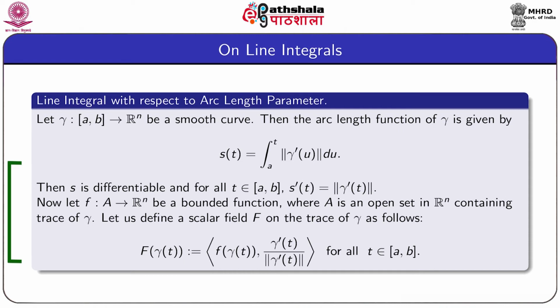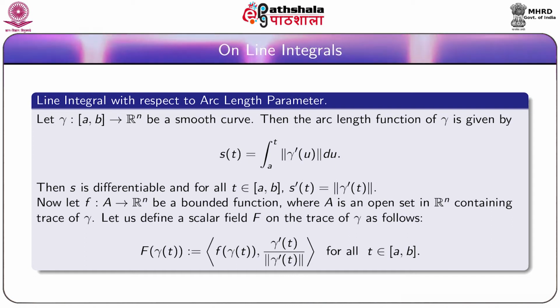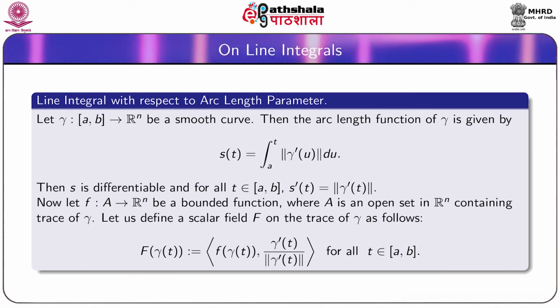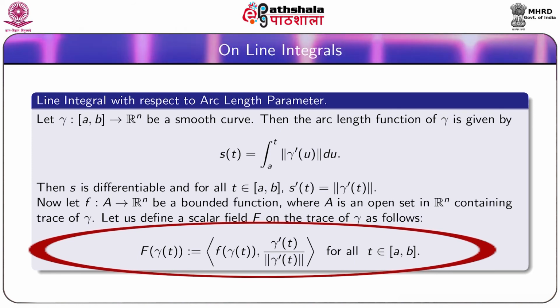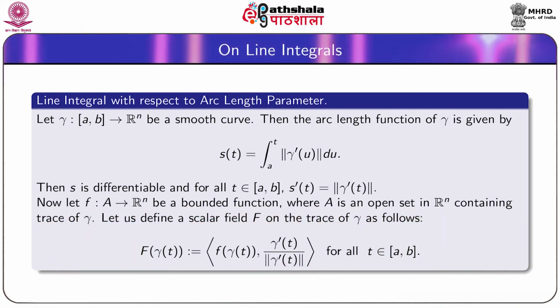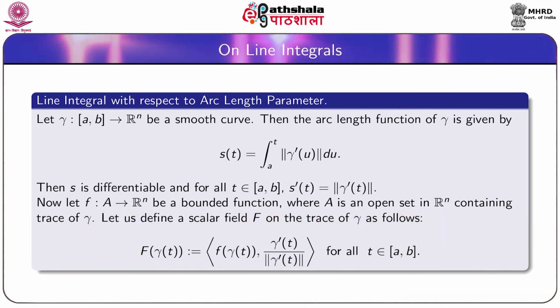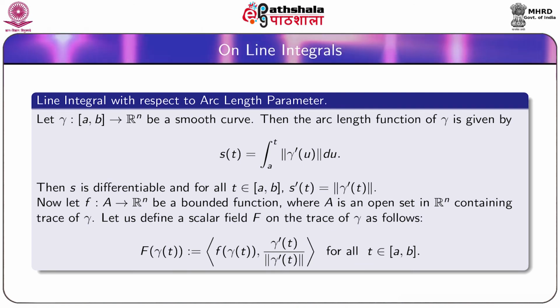Now let f be a bounded function defined over set A, where A is an open set in Rn containing the trace of gamma. We define a scalar field capital F on the trace of gamma as follows: F(gamma(t)) equal to inner product f(gamma(t)), gamma dash(t) by norm of gamma dash(t) for every t in [a,b]. That is, we take the inner product of f(gamma(t)) with the unit tangent at the point t on the curve gamma.